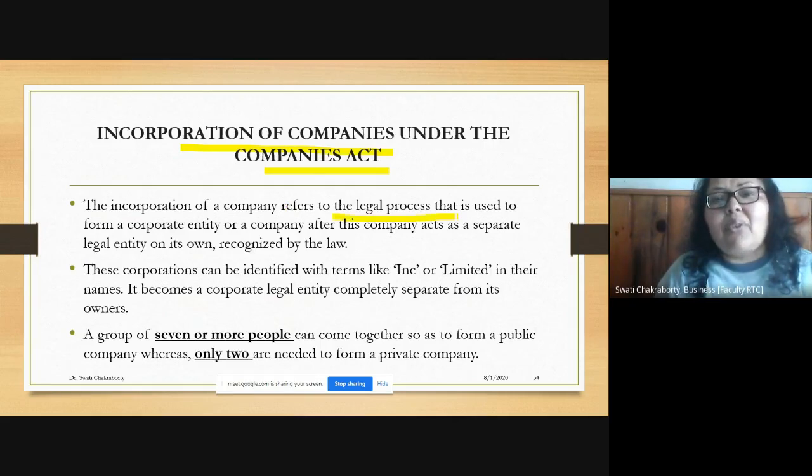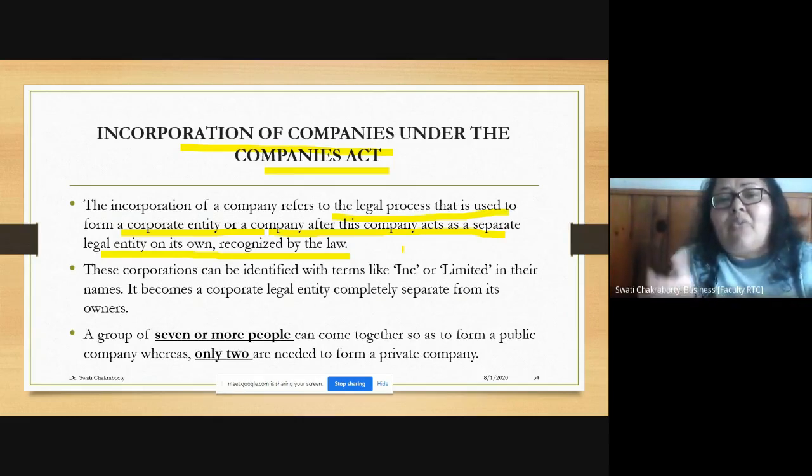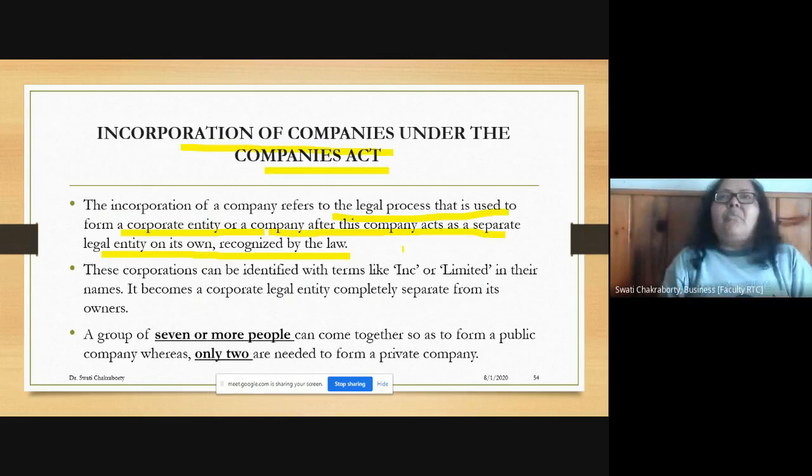It's the legal process used to form a corporate entity, or a company, which acts as a separate legal entity of its own, recognized by the law, separate from its owners. It's the process of formation of a corporation, right?